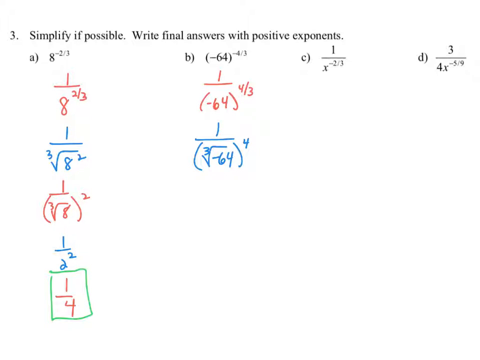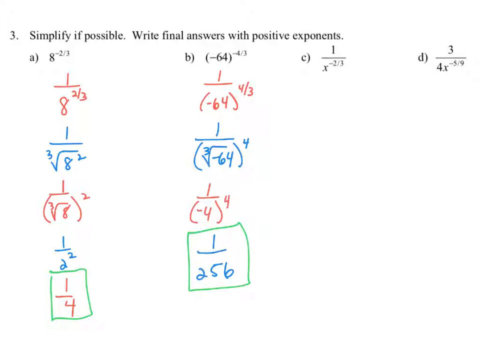This is 1 over the cubed root of negative 64, which is negative 4. And then we're going to raise that to the 4th power. And negative 4 raised to the 4th power is 256. So our final answer simplified is 1 over 256.